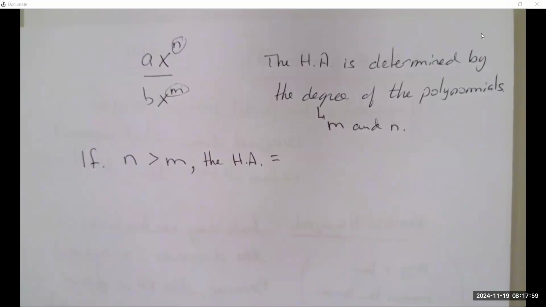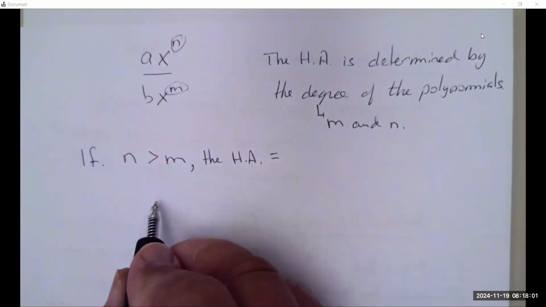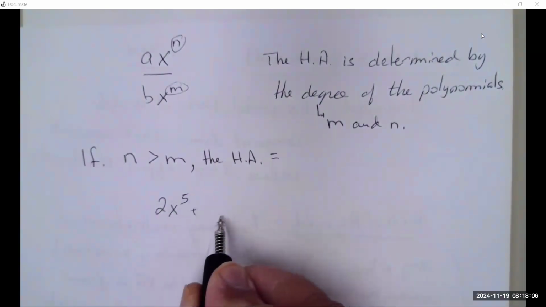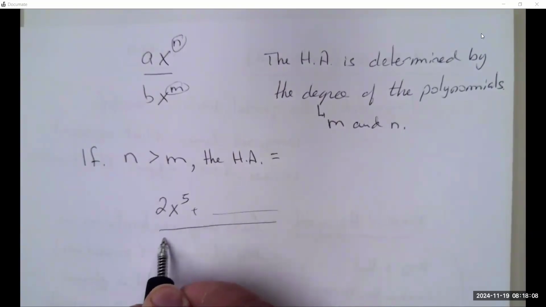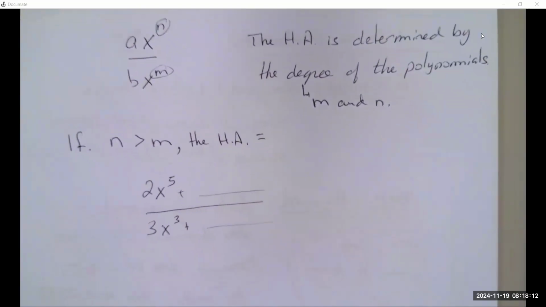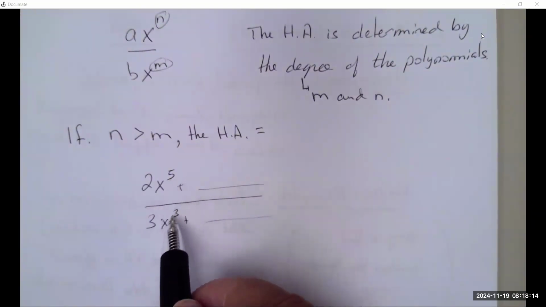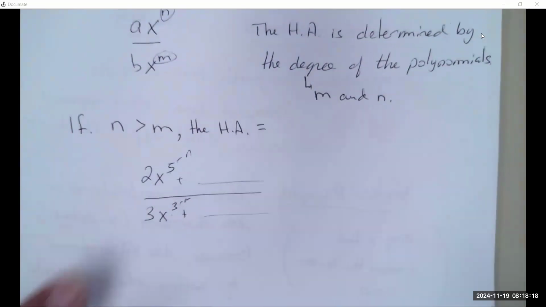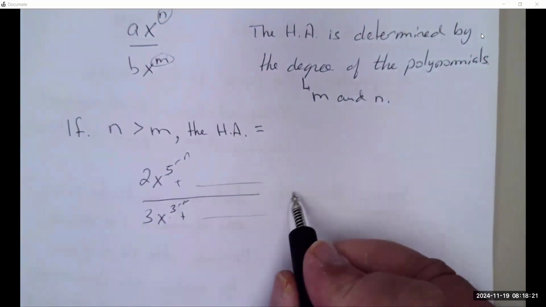Well, here's an example. 2x to the 5th plus everything else divided by 3x to the 3rd and the rest of the equation. If the degree on the top is bigger than the degree of the bottom, remember, the n is on top, m is on the bottom. If you simplify this, what do you get?